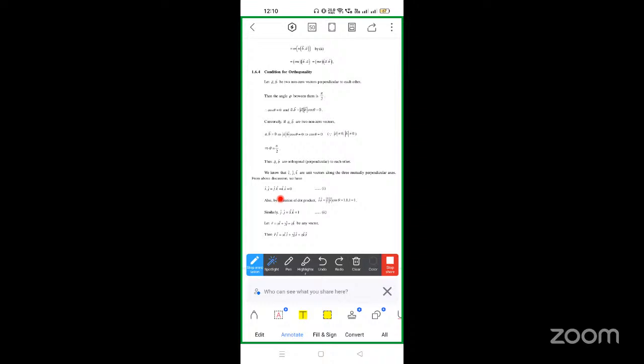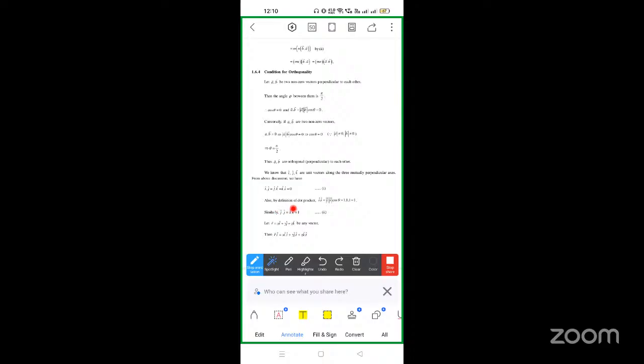Therefore x, y, z are perpendicular to each other, and similarly i, j, k are also perpendicular to each other. Therefore i dot j is equal to j dot k is equal to k dot i is equal to 0, because i, j, k are perpendicular to each other.